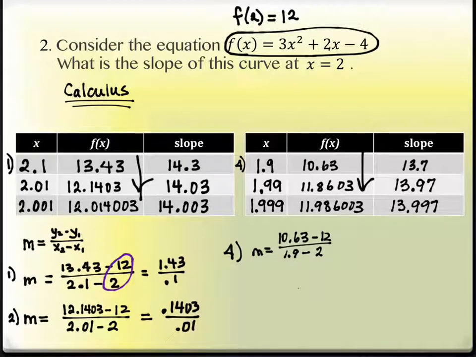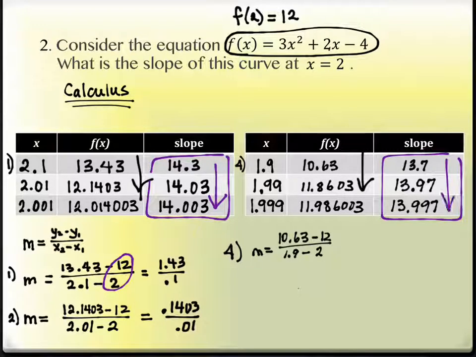So what we're going to do to guess is we're going to look down these two tables that we've created, as we go down the slope column. And we're asking ourselves as we move down the columns, both of them, what value do we get awfully close to in both lists? 14. So our best guess, our expectation is that the slope is 14.